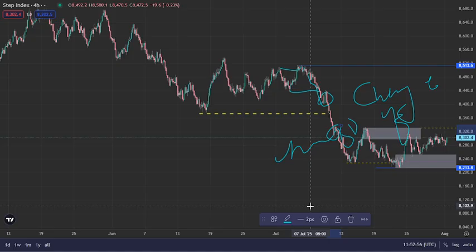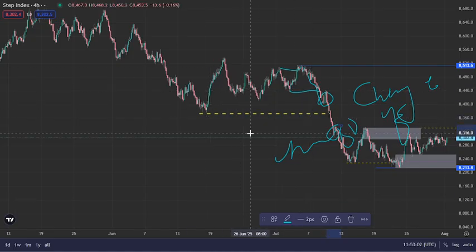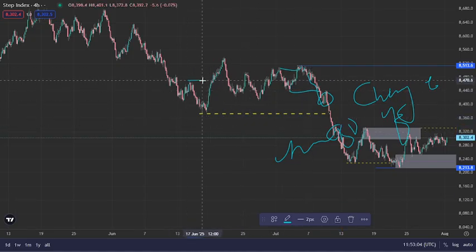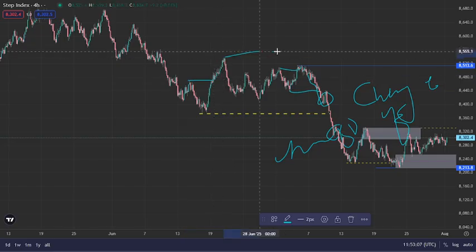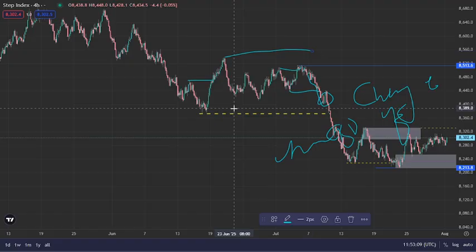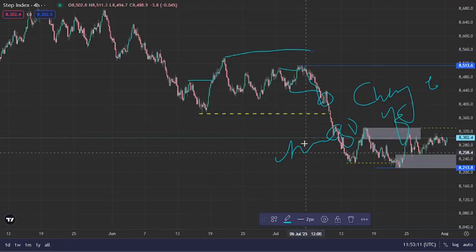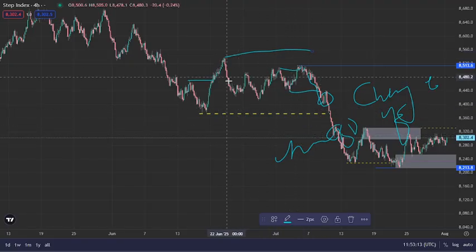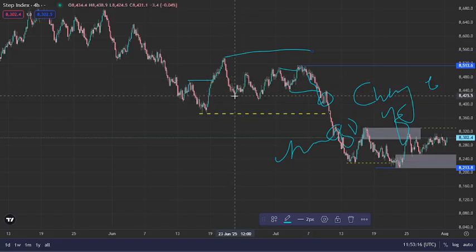What I want you to pay much attention to is how layered this thing is. I saw this price movement, right?